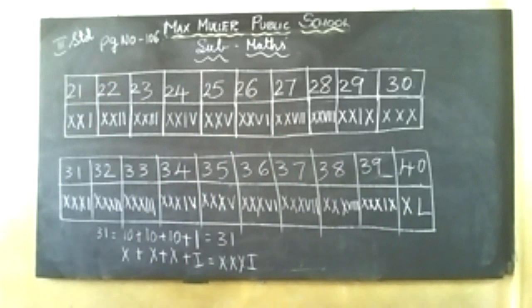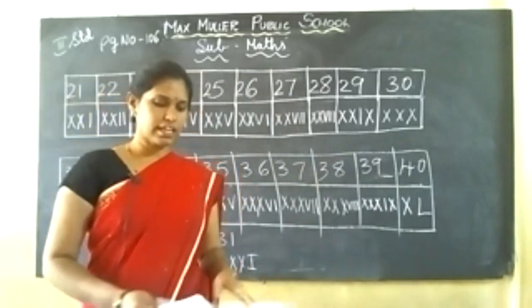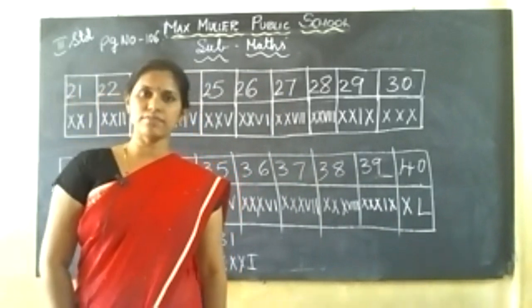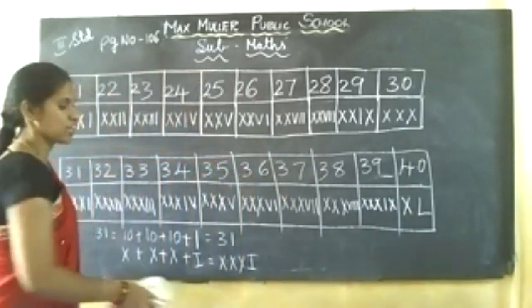Finished? Next we'll go to the first main, Exercise 1, it is there now. Then by seeing the table you can write the problems easily. So let us see the first main.